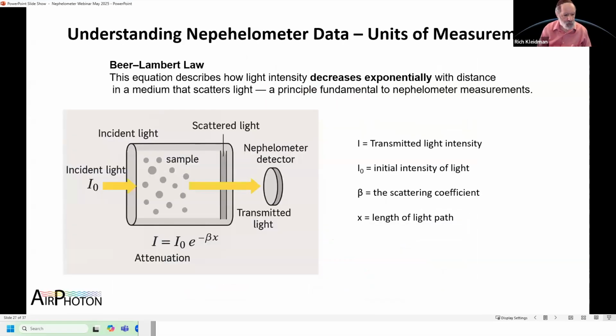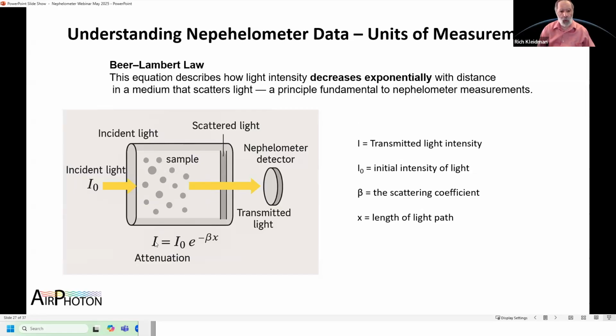Okay, so let's talk a little bit now, understanding the units of measurement for nephelometers. So this is all based on the Beer-Lambert law, and we're describing how the light intensity is going to be decreasing exponentially with distance as it comes through our sample volume and interacts with the light.